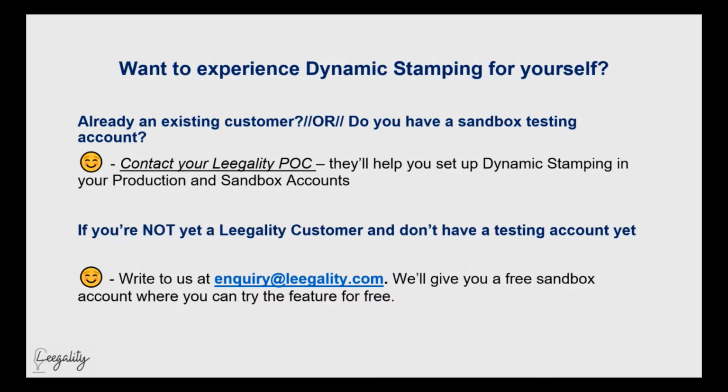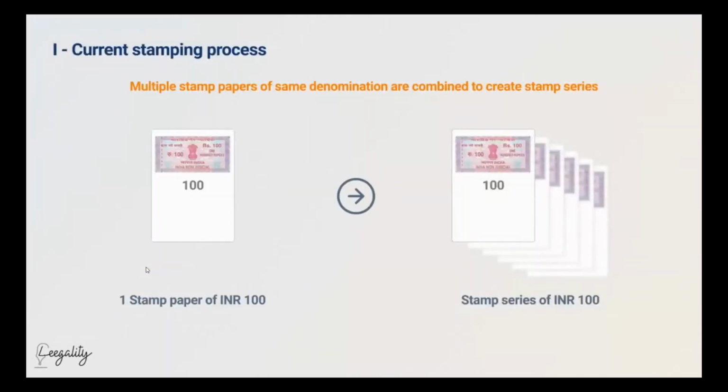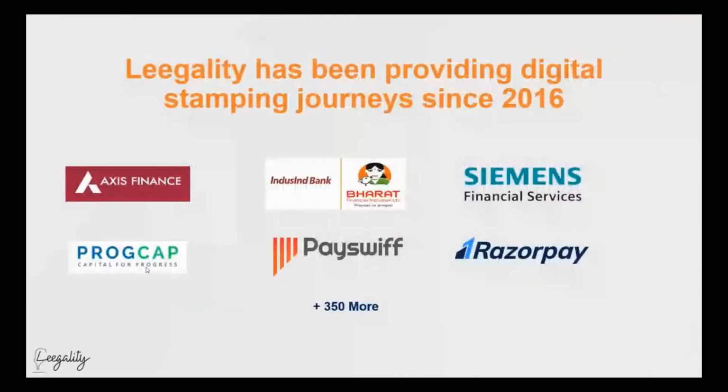Right. Next question is, can we please name some financial institution clients using this service? So I think at the beginning of this presentation, I had mentioned some of our clients who use our stamping process. This is just a flavor of some of the clients who use it. We have about 350 to 400 of our clients also using the stamping service.